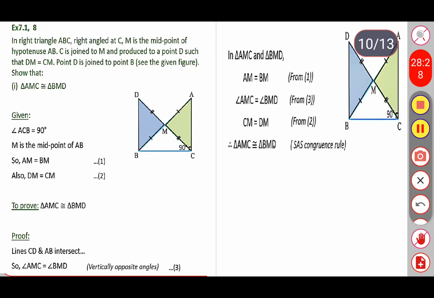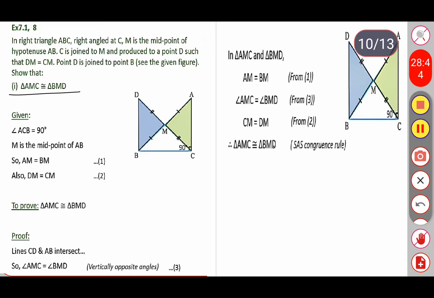Point D is joined to point B. Then show that first one, triangle AMC is congruent to triangle BMD. So first write the given data.